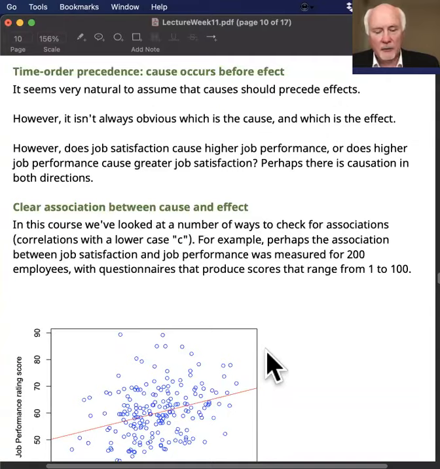The tools that we've covered are relatively simple, but they do work for some very common situations, and they are adequate for what we call field experiments that you might do in a real organization, or for analyzing real data that might be collected.